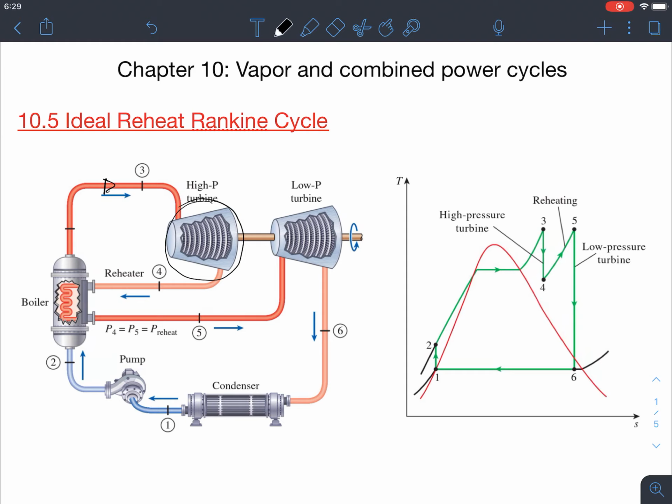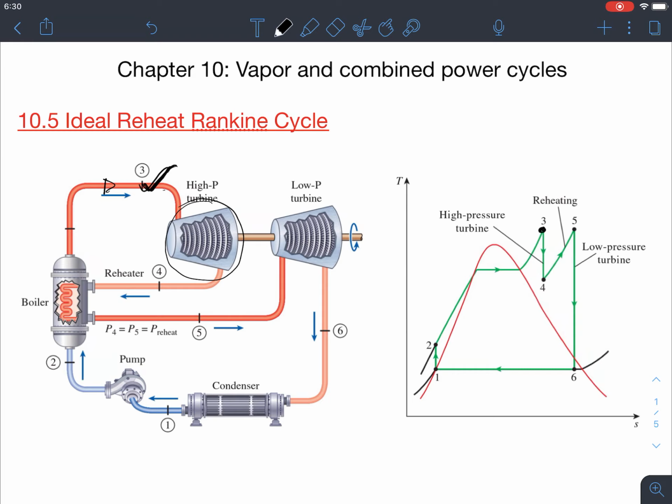Okay, so there are two possibilities to increase the efficiency. One is that we need to increase the turbine inlet temperature, right? If we increase T3, then we can increase the cycle efficiency, and we saw that in the previous class.